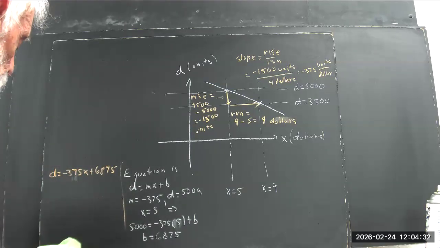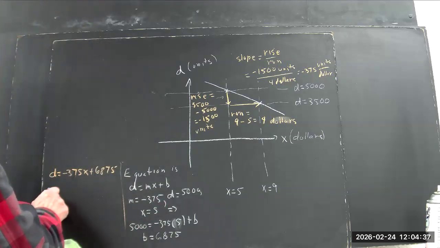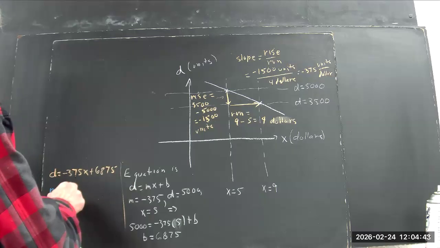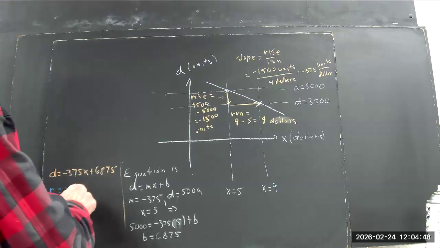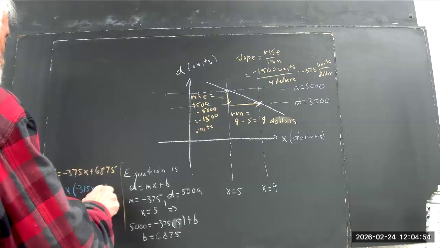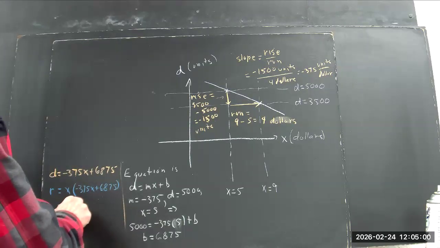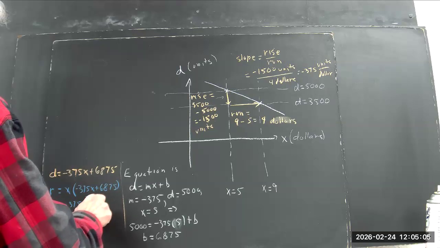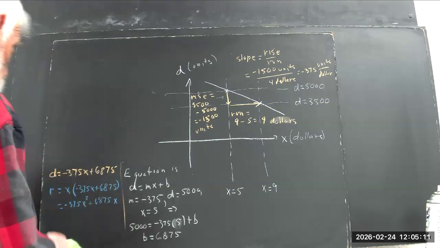Okay, well, there's D. Now, what we're interested in first is our revenue function. Revenue equals the price we charge, which is x, multiplied by how many we sell, which is what D tells us. So this is negative 375x squared plus 6,875 times x, using the distributive law, of course.